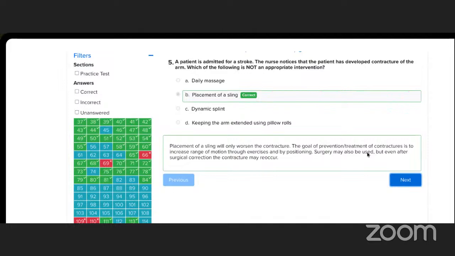The goal of preventive treatment of contractures is to increase range of motion through exercises and positioning. You do not want to put a sling on because you want to do range of motion.